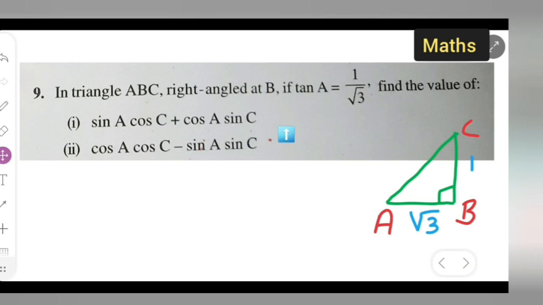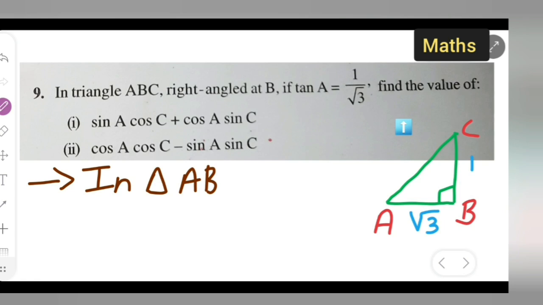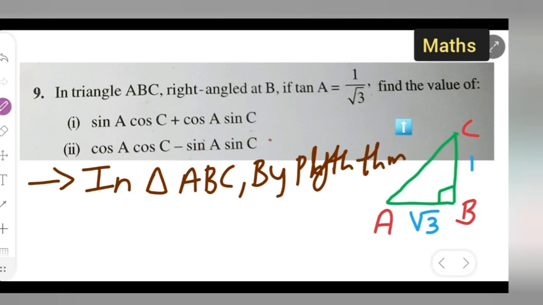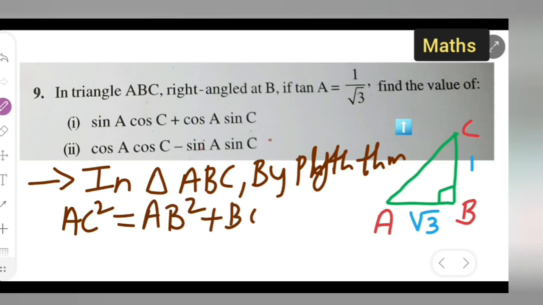So let us find out. But before that, we need to find one of the sides, that is AC. So write down, in triangle ABC, I will be using the Pythagoras theorem. So it will be AC square is equal to AB square plus BC square.